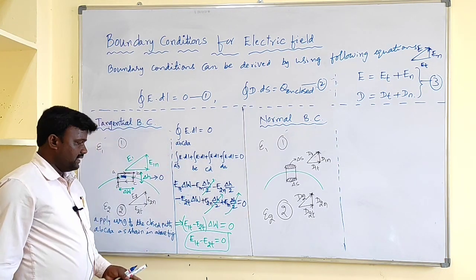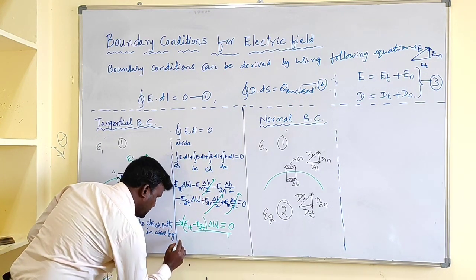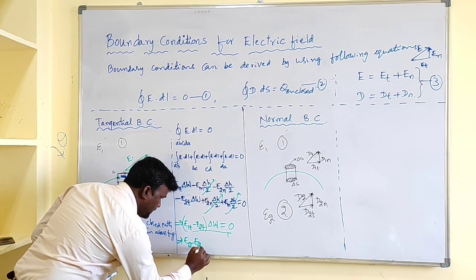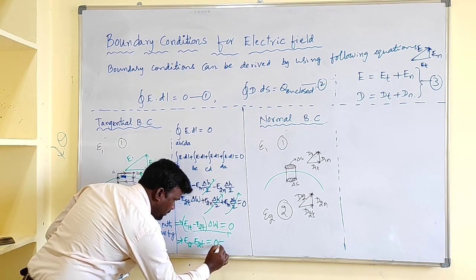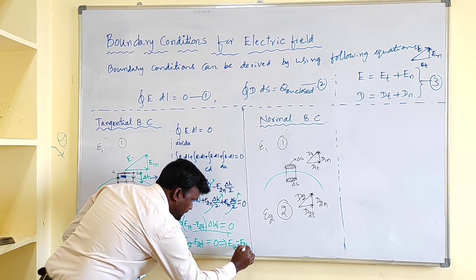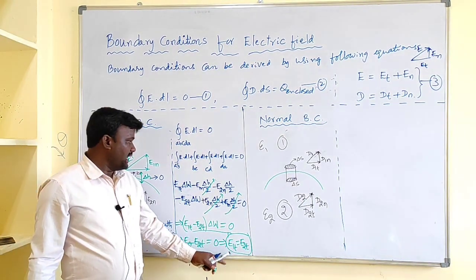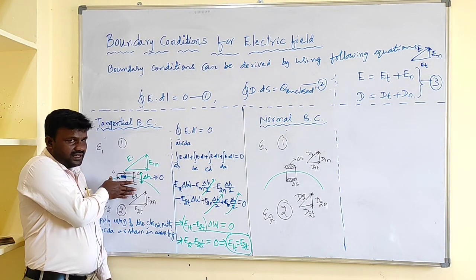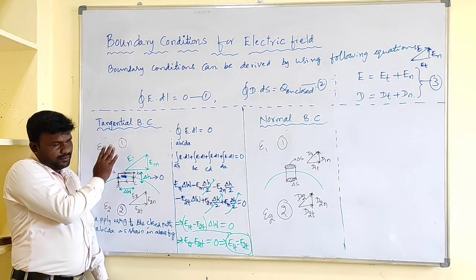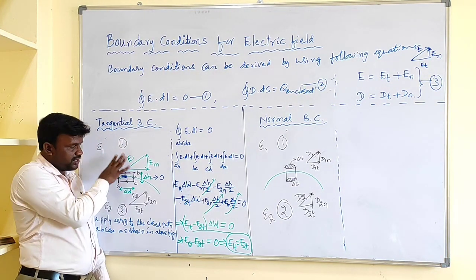It implies, I will write this one like this, E1t minus E2t equal to 0. It implies E1t equal to E2t. Means the tangential components of electric field intensity are equal in both the media. That means they are continuous across the boundary.